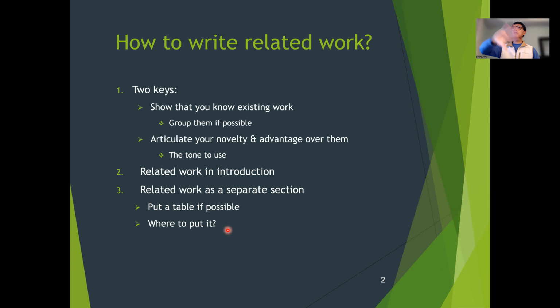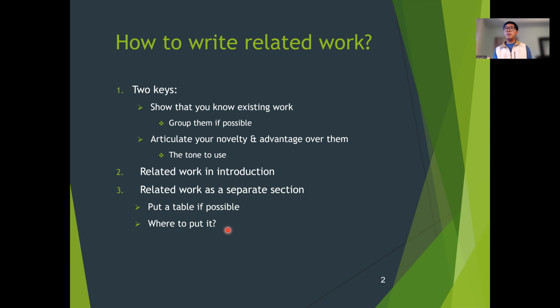Instead, you want to move the mountain back to the end. You go from the introduction, motivate people to read your solution, then you present the solution, then you evaluate the solution. After everything, now you can come back to write the related work section to describe related work and also articulate novelty.